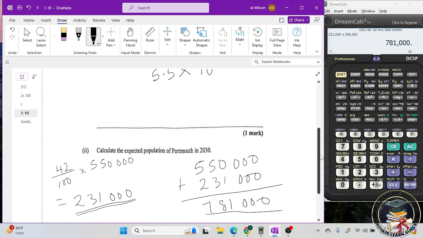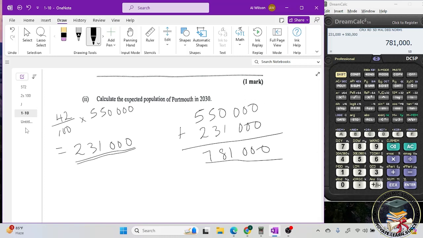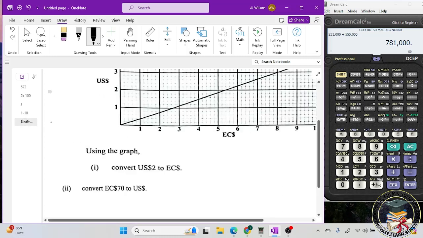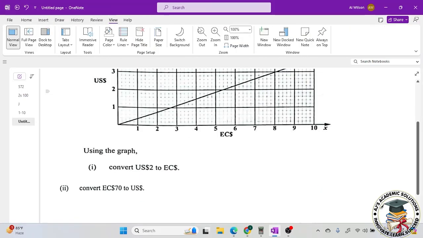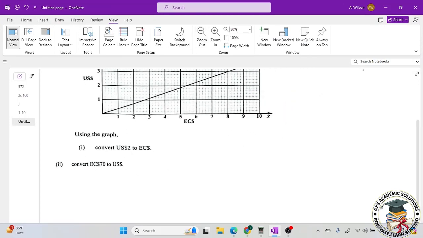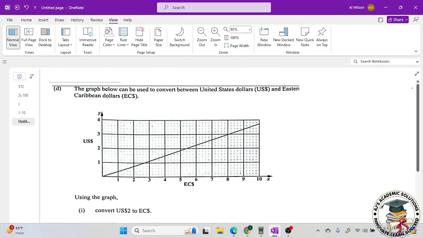All right, is there any more to this question? No, so that's it. And now here we have the final question. For this, I don't think I'll need to use the calculator, but I'll be doing some zooming in and out. The question says, the graph below can be used to convert United States dollars, US, and Eastern Caribbean dollars, EC dollars.